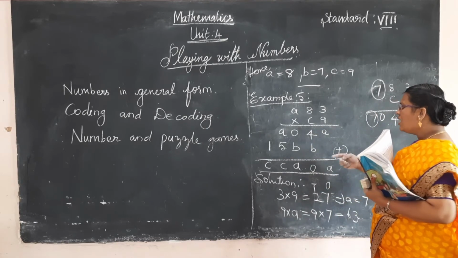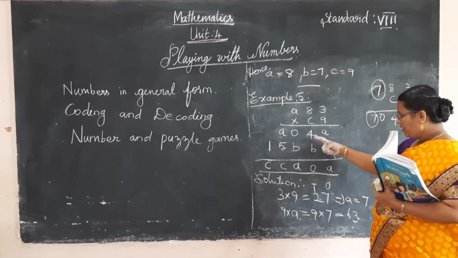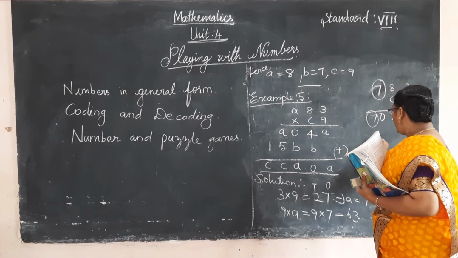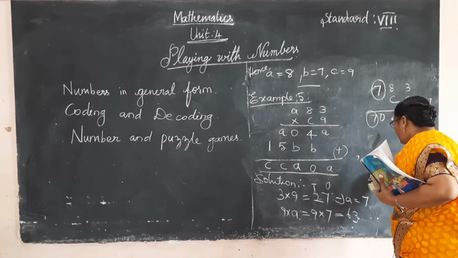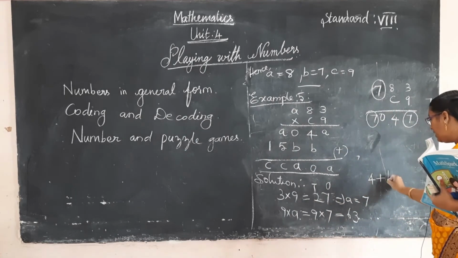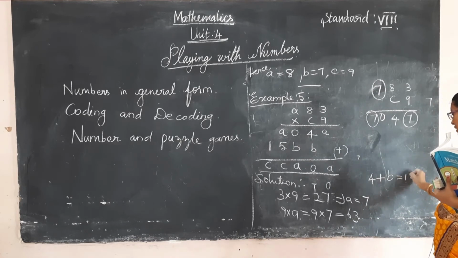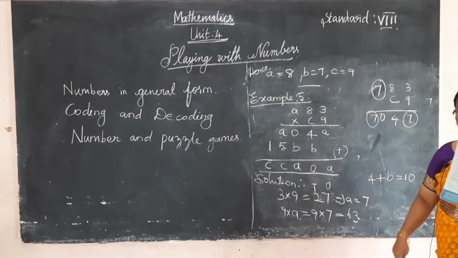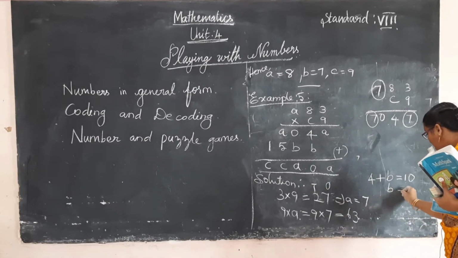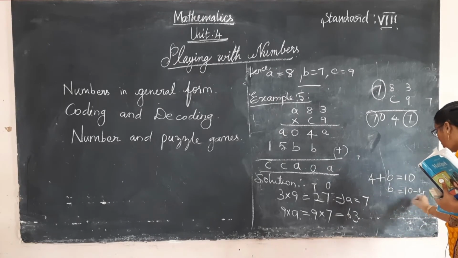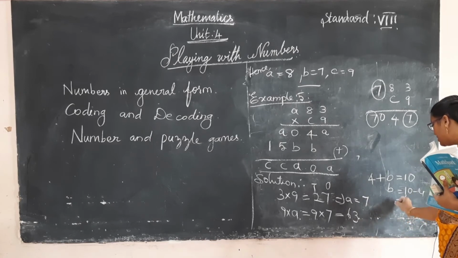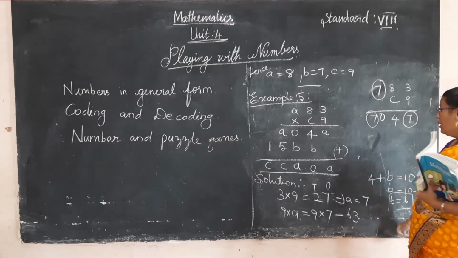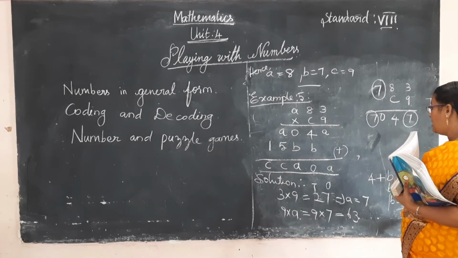So which number do we add to 4 to get the ones place as 0? 4 plus B, so the ones digit is 0. So that number is 10. So B is equal to 10 minus 4 equal to 6. Therefore, the B value is 6.